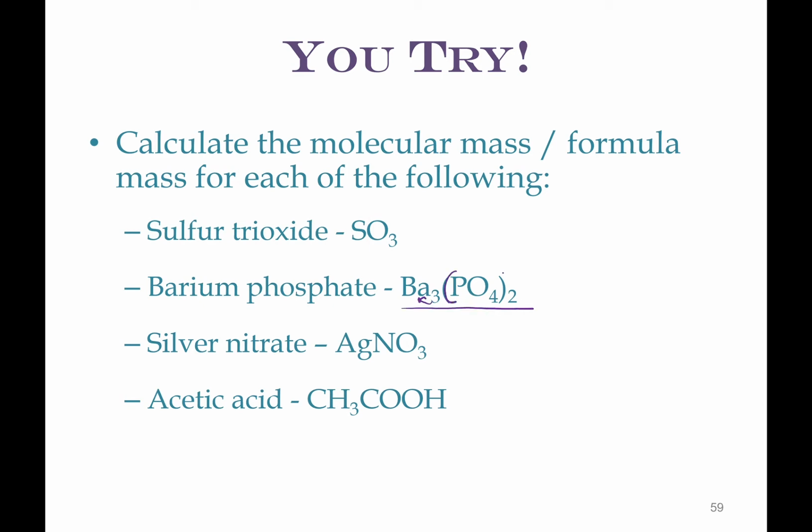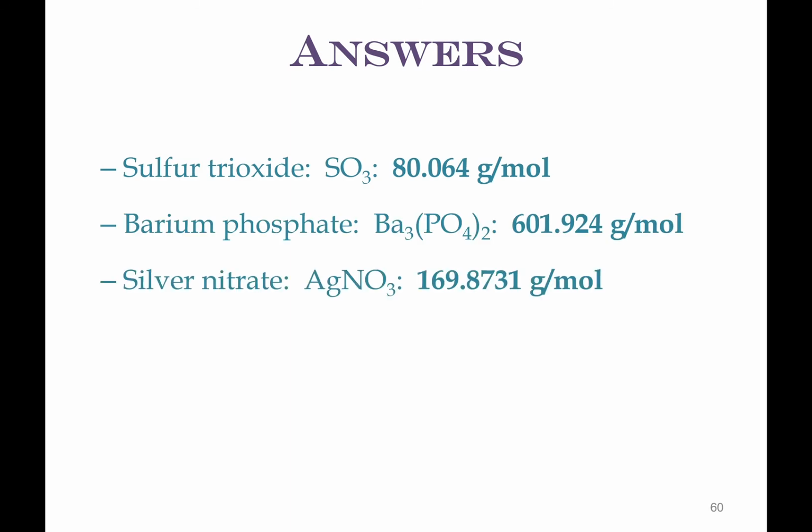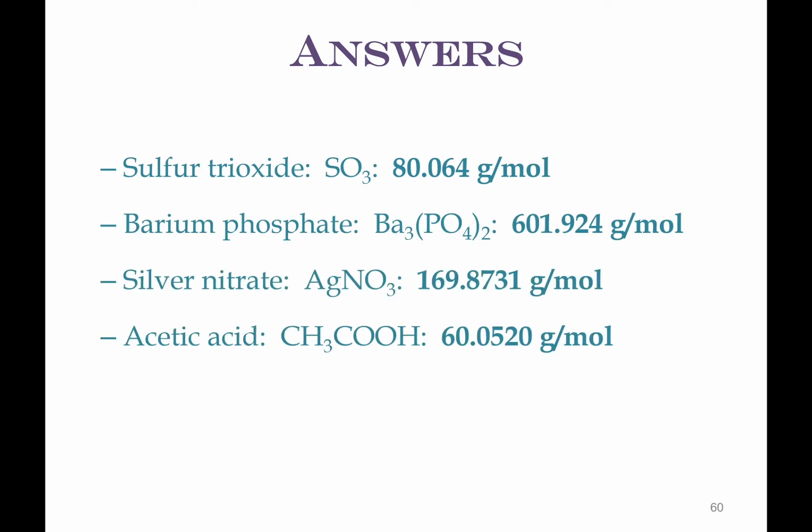But because these parentheses are here, I have 2 times 4 oxygens and 2 times 1 phosphorus, giving me 2 phosphorus and 8 oxygen for that one. So there are the answers. You can always ask questions, obviously, if you got them wrong or try to figure out what happened.